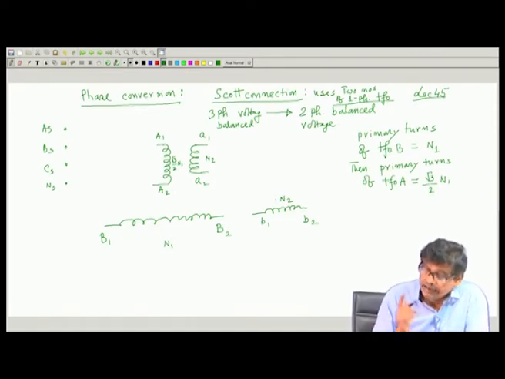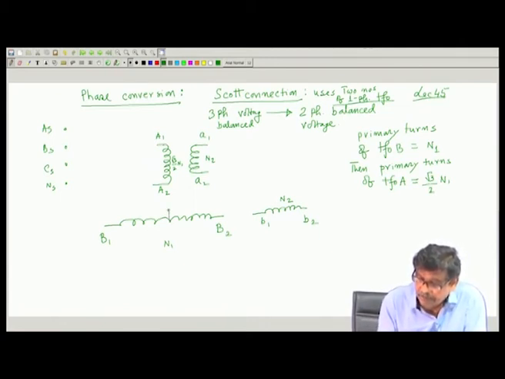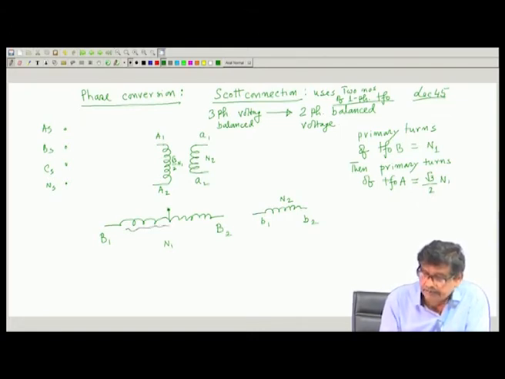And not only that, in transformer B primary at the 50% you must have a tapping, such that this turns becomes N 1 by 2 and this turns becomes N 1 by 2. So, total turns is N 1. At 50% there will be a tapping.